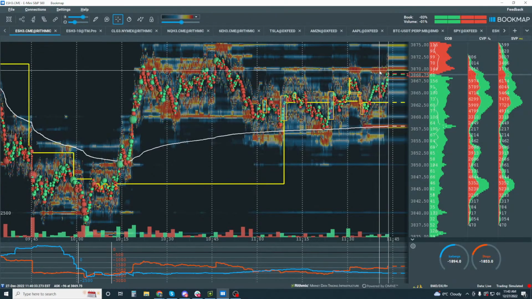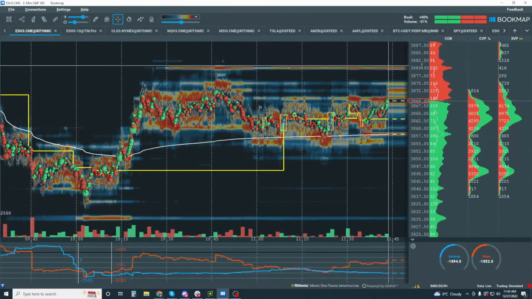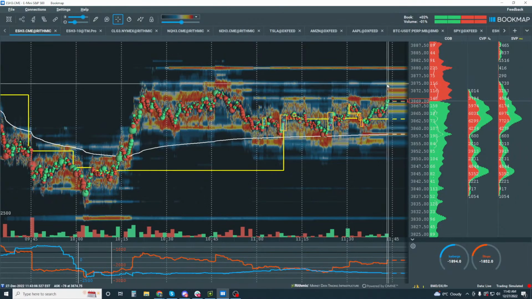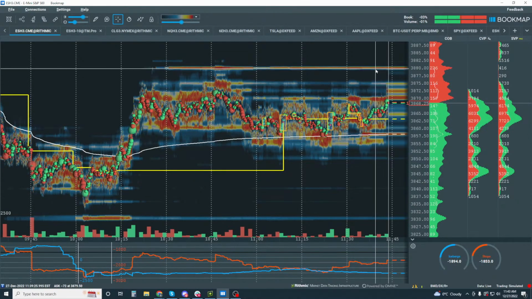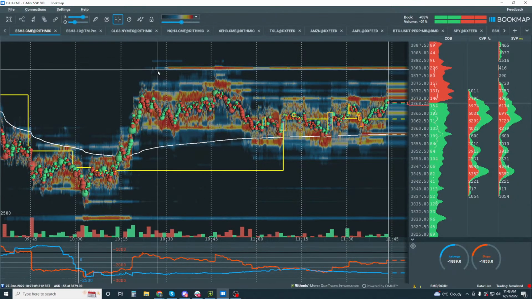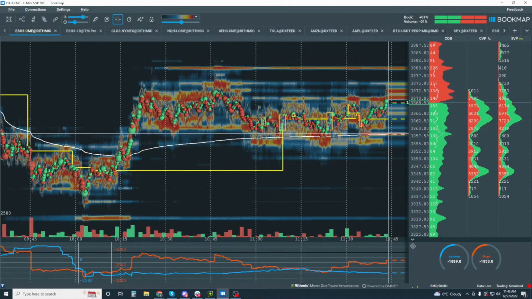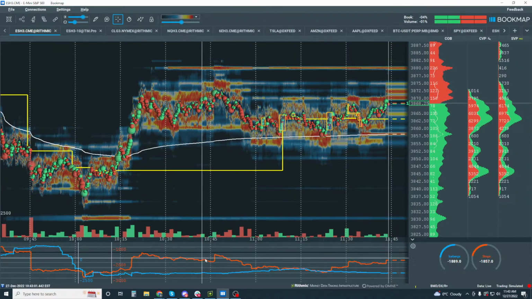So looking for that move into 70 and through it, and then basically on up to 75 and then 80 liquidity. 80 liquidity has been in here since 10:30 a.m. Anyway, that would be the primary scenario here.